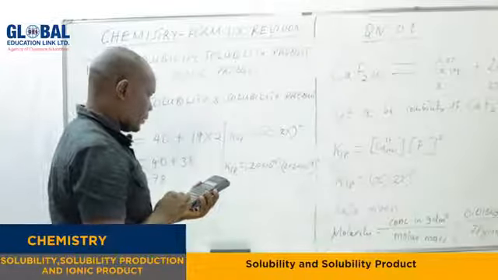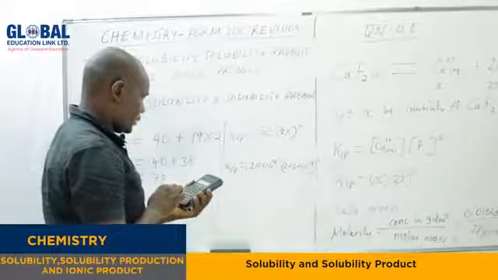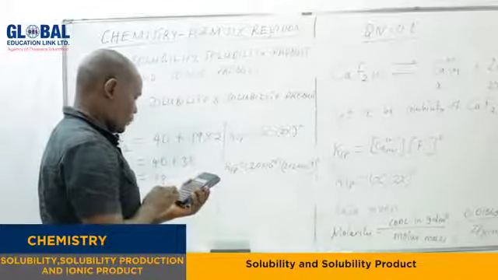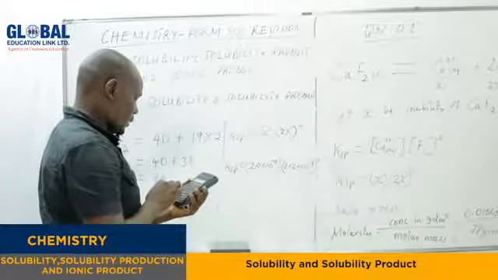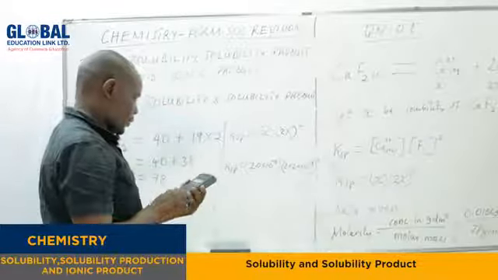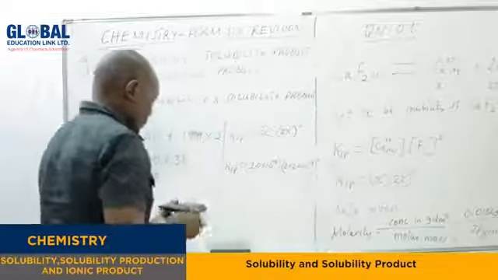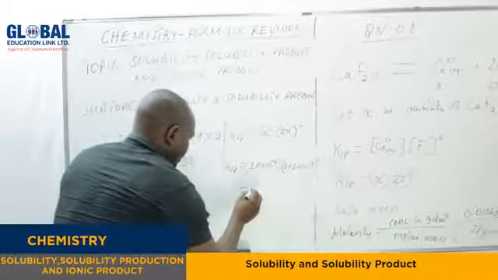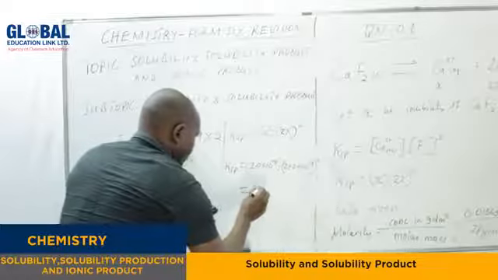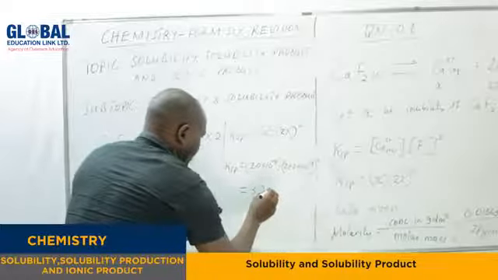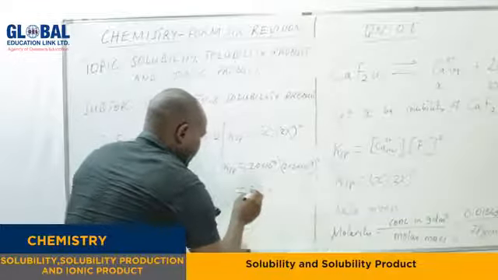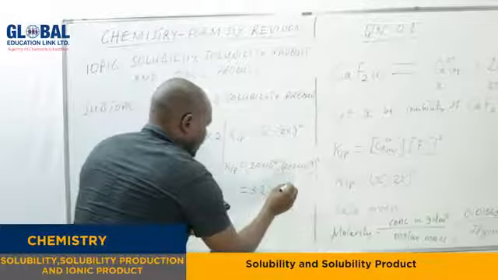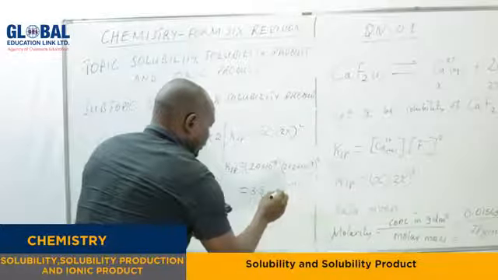Then the answer is 1.6 times 10 power negative 7, then times 2.0 exponent negative 4 also. The answer is 3.2 times 10 power negative 11.